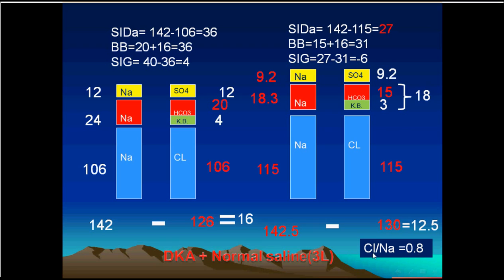The chloride to sodium ratio increased, and at the same time the anion gap decreased, from high to normal in this case, while the bicarbonate is still low. So this is metabolic acidosis. It was high anion gap, but the addition of normal saline gave a normal anion gap, hyperchloremic metabolic acidosis. We are facing two metabolic acidoses: hyperchloremic metabolic acidosis and the metabolic acidosis from the DKA.